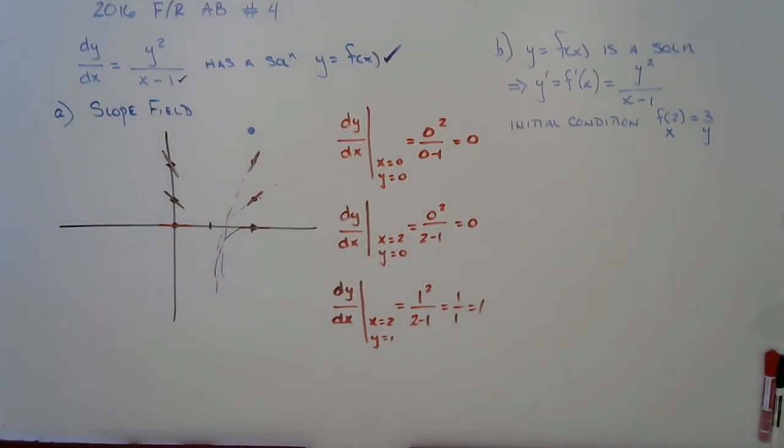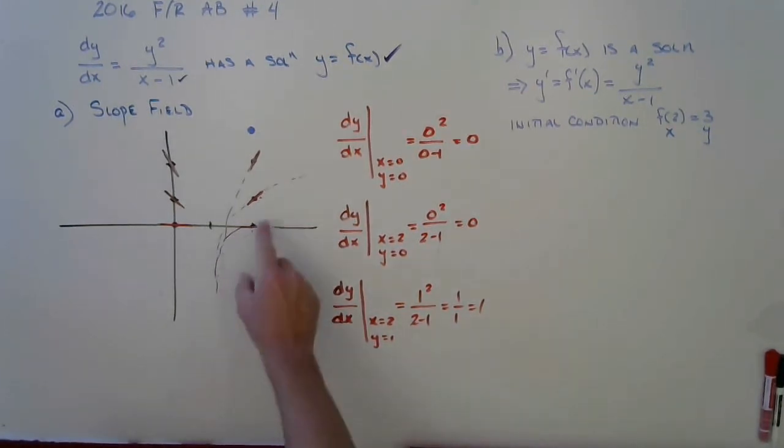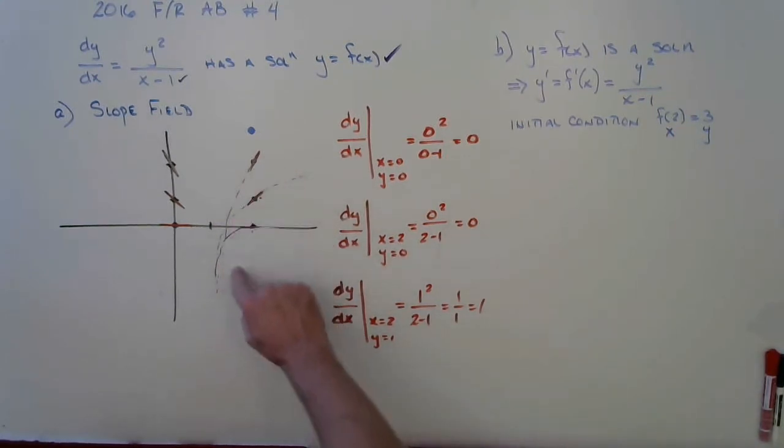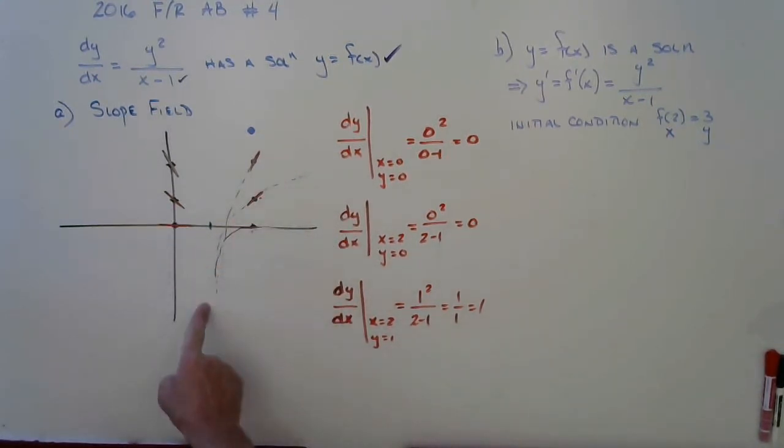That's a characteristic of differential equations. There isn't one solution, there's an infinite number of solutions. One of them is this purple line, one of them is this purple line, one of them would be a purple line going this way, one would be a purple line coming through here, one would be a purple line coming through here. There are an infinite number of solutions.